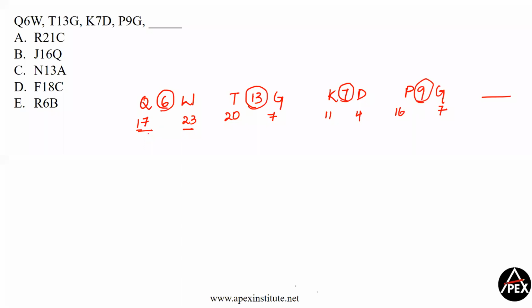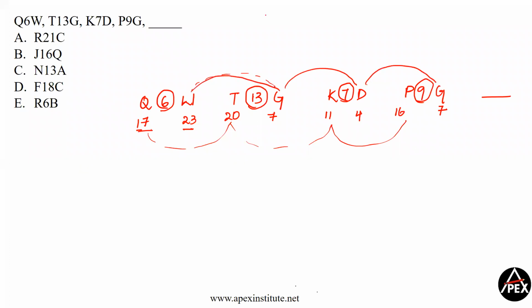Now the next number, do we have any logic consistent between these three? 17, 20, then 11, 16. Yes or no? I don't see any logic. Or even with 23, 7, 4 and 7.